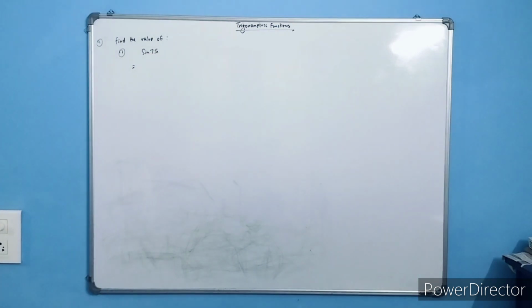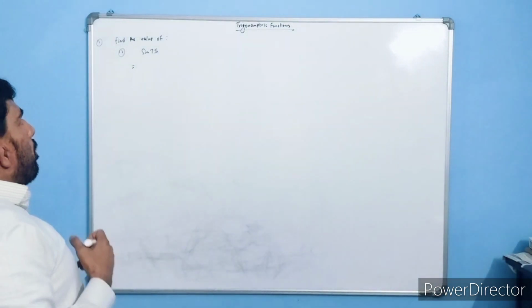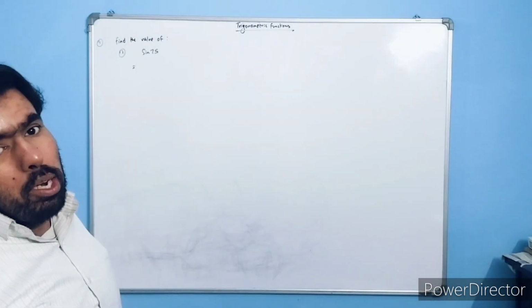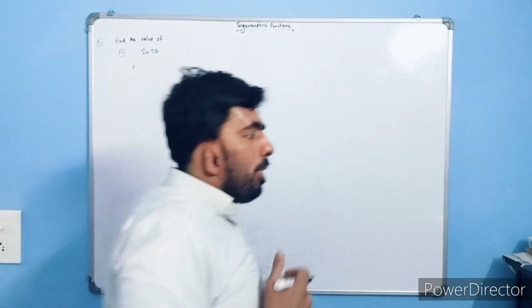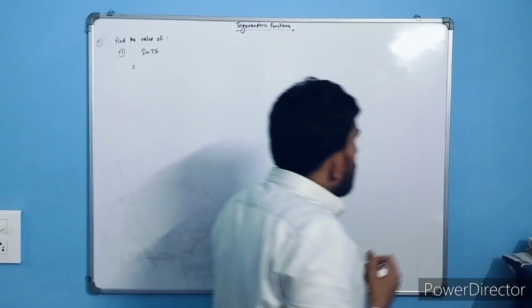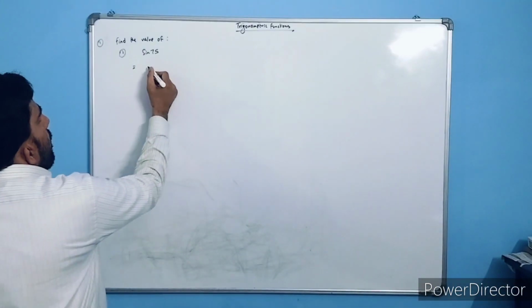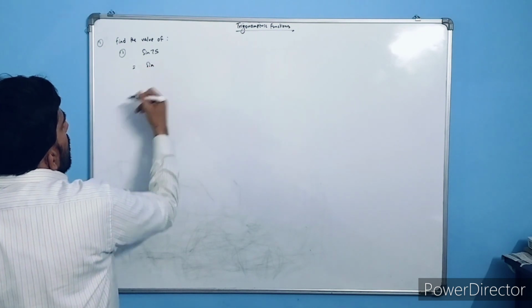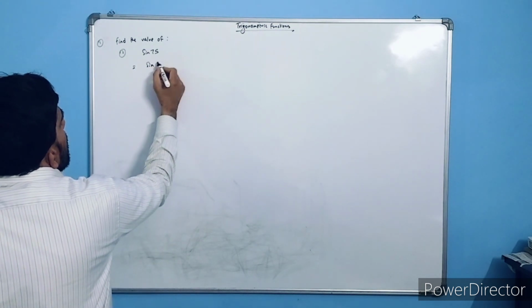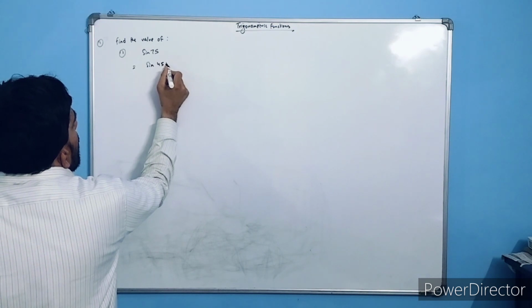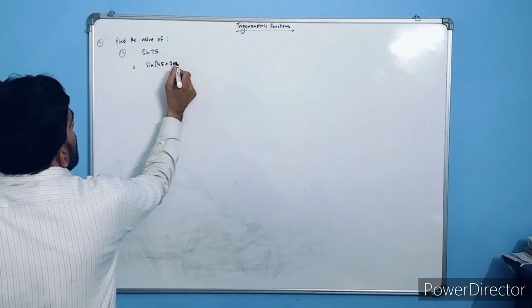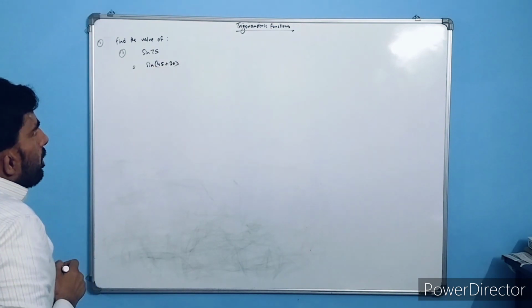So we all know we don't have the value of sine 75 degree given in the book. So how will we sort it out? We can write sine 45 plus 30. Okay, we can do it like this.